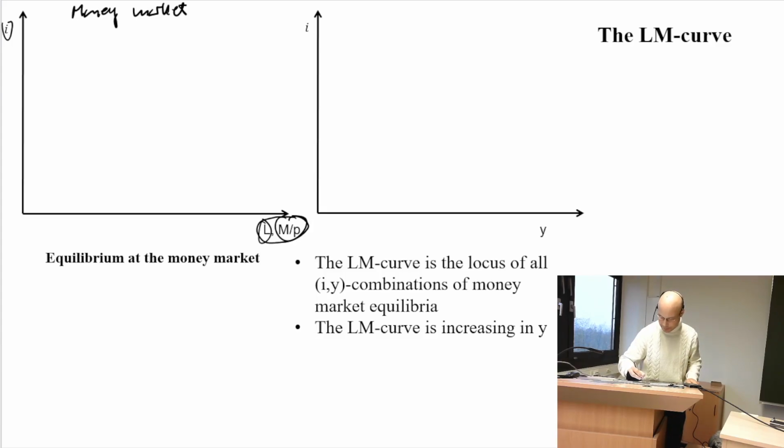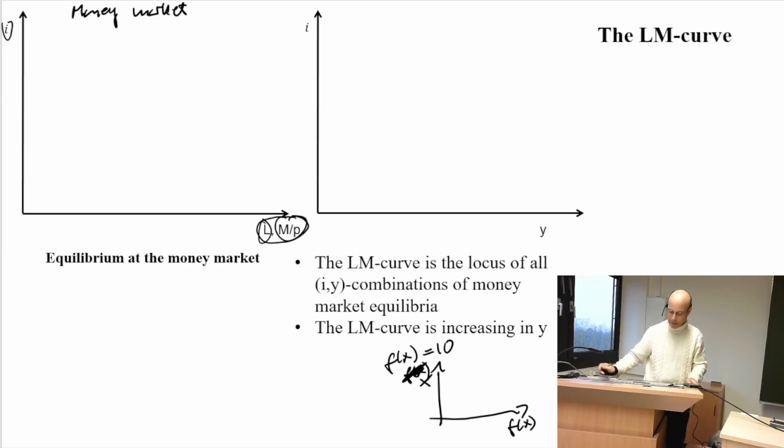So if you have, for example, f of x equals 10, and you have f of x here and x here, then of course f of x equals 10 would be this horizontal line.